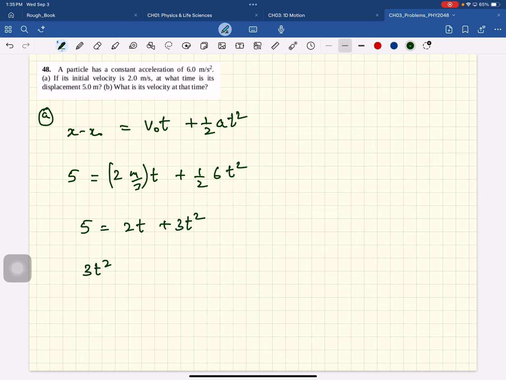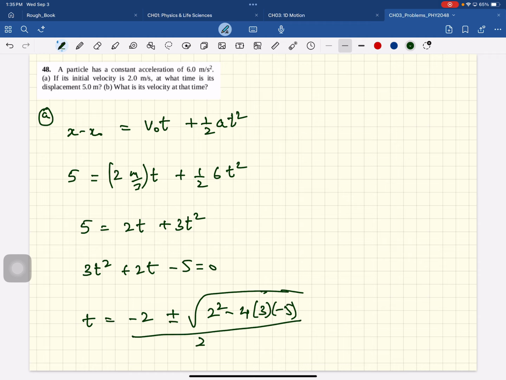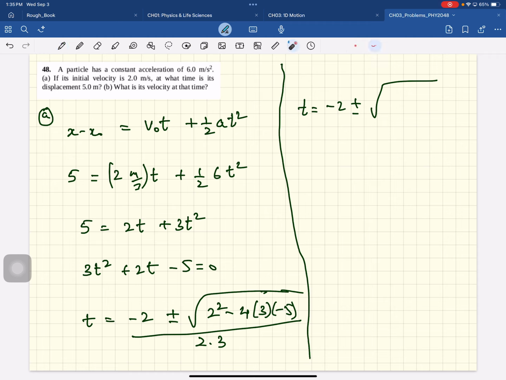Okay, so you just have to solve this quadratic equation. So that's 12 times 5 is 60, 64, square root of 64 is 8.